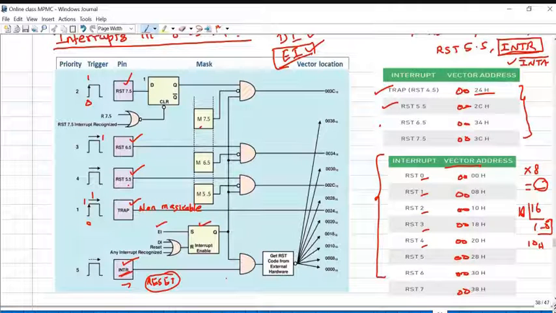Whenever the microprocessor receives this INTR interrupt, the processor sends the acknowledgement signal, that is INTA complement, in order to acknowledge the interrupt received through this pin. After this INTA complement signal is sent, the external hardware sends the address location from where the microprocessor starts executing the instructions for INTR.